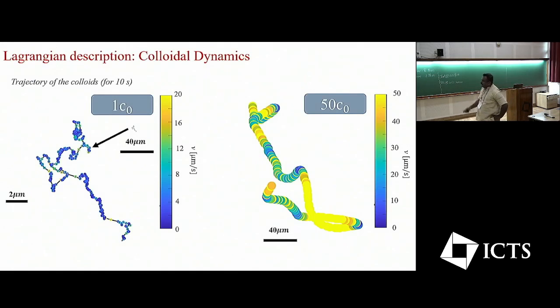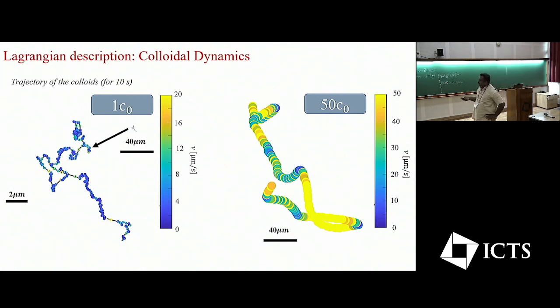Then I can look into the trajectories of the colloids. At the same scale, 40 micrometers, you can see that when the concentration of the bacterial fluid is very low, the trajectory is very small, and if you zoom in, you essentially see something similar to a random trajectory. But with higher concentration, you can see much longer persistent flows, which are also becoming loopy, as you can clearly see.